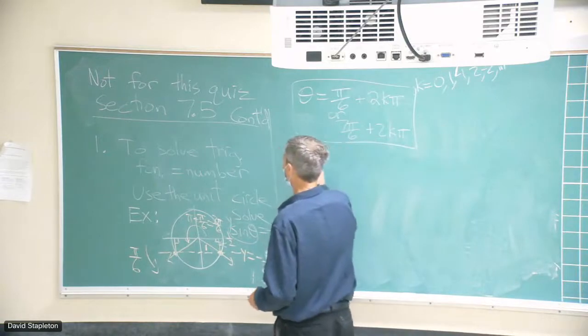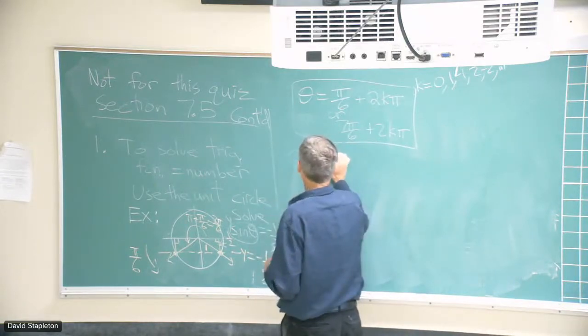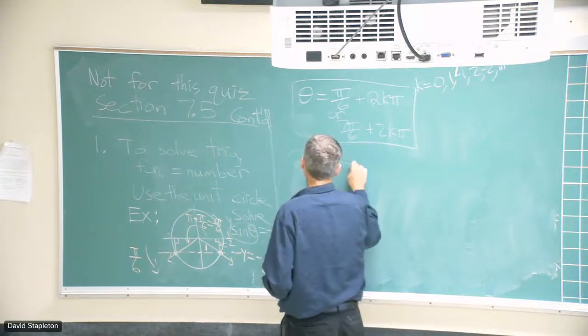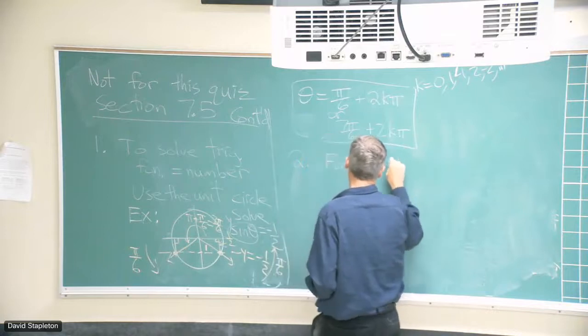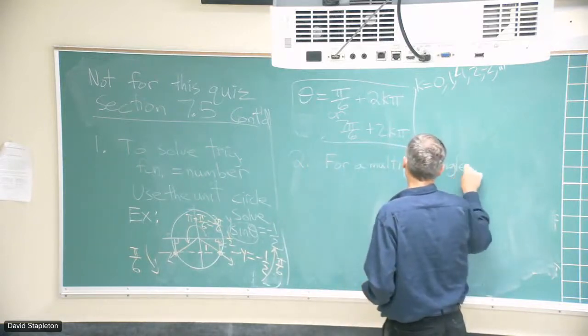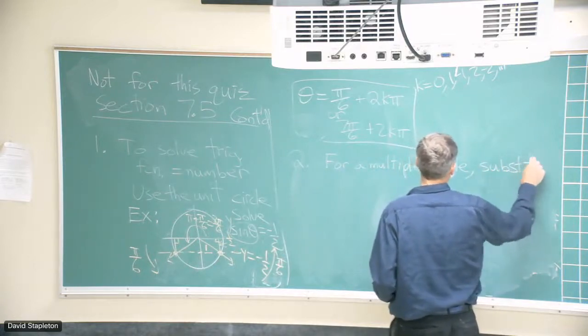Then we said, for a multiple angle in the trig equation, make a substitution. Substitute u equal to the multiple angle.